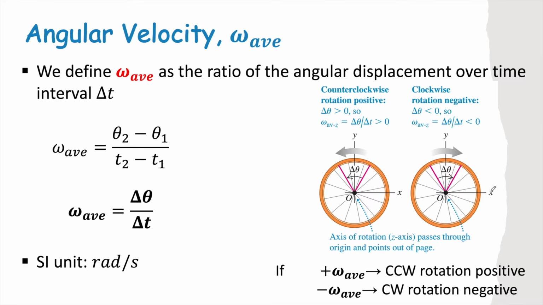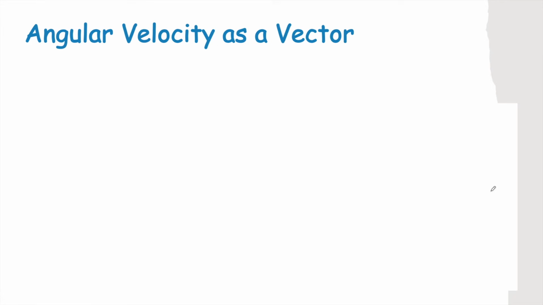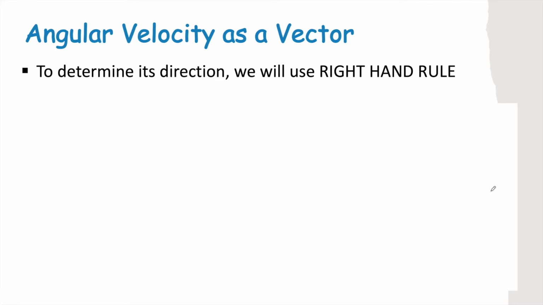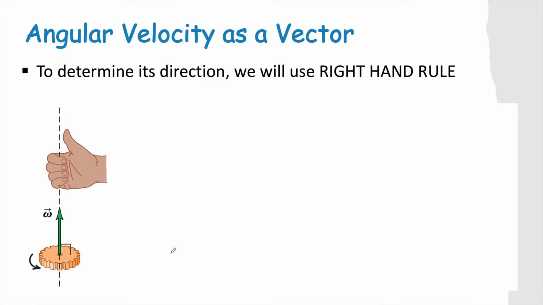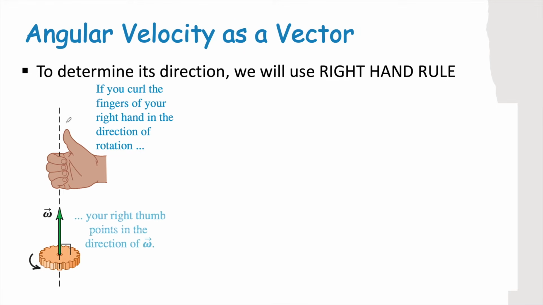And take note, angular velocity is a vector quantity, so how do we determine its direction? Here we will use the right-hand rule. First, the direction of the rotation will be the direction of your fingers. If you curl your fingers using your right hand in the direction of rotation, the thumb will be the direction of your angular velocity.